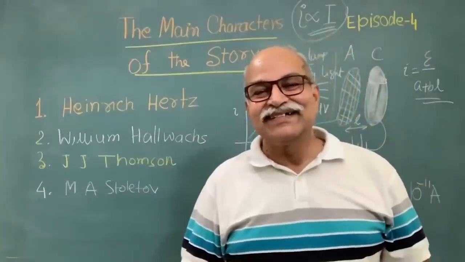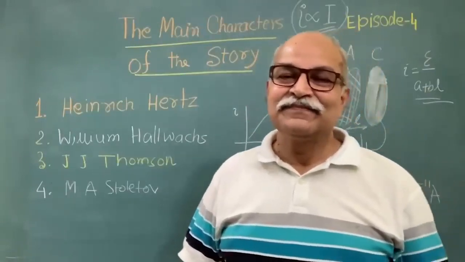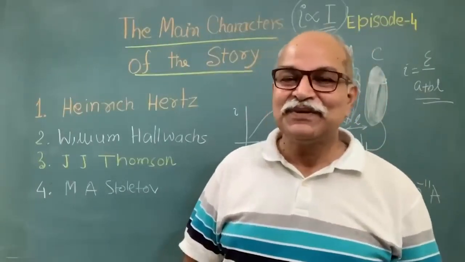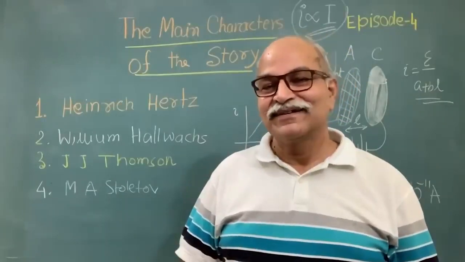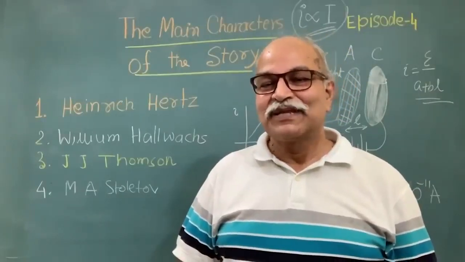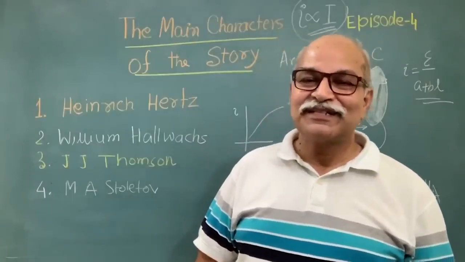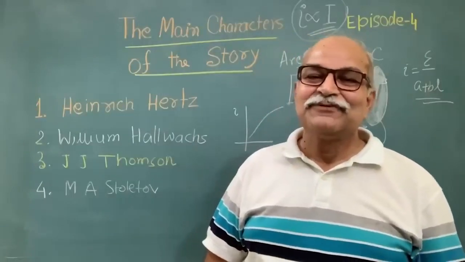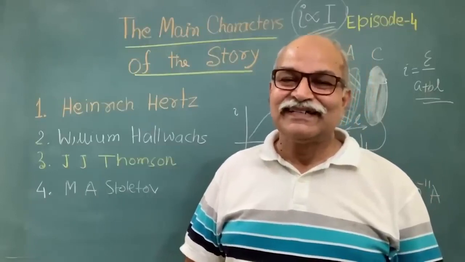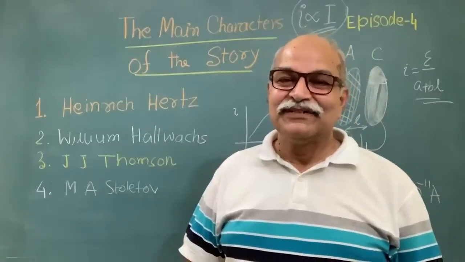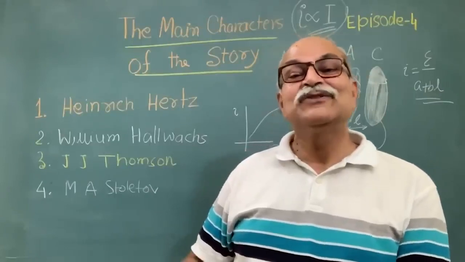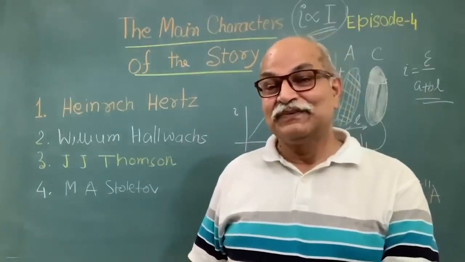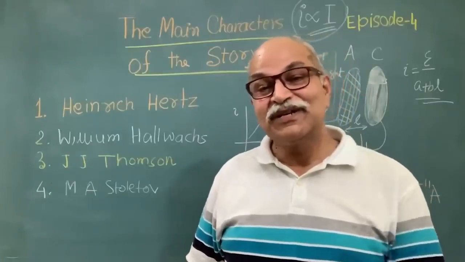Alright, so that is it, and maybe in the next episode we will talk of another giant personality, the 1905 Nobel Prize awardee Philipp Lenard. He has given very good quantitative results, and Einstein in his Nobel Prize work has mentioned this.